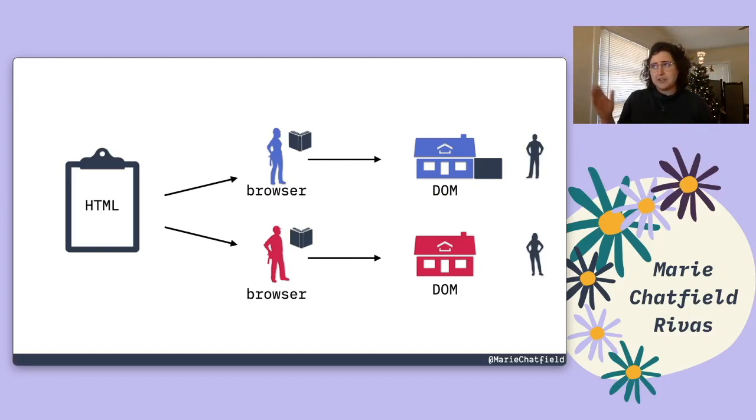At times, let's say you're using a single page app framework, where you're using JavaScript to entirely replace the contents of your page with something else, the DOM that the user is seeing may look completely different from the DOM that was originally created from the HTML source file. And that's totally okay. That is a thing that happens, but it all originated from the same place, even though the DOM can go on and expand and be different.